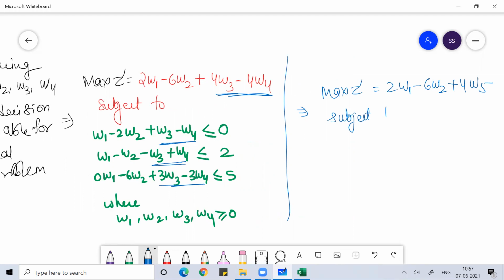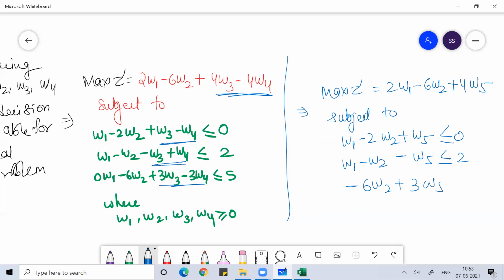Subject to W1 minus 2W2 plus W5. In place of W3 minus W4, I am writing W5, less than or equal to 0; W1 minus W2 minus W5 is less than or equal to 2; then minus 6W2 plus 3W5 is less than or equal to 5.